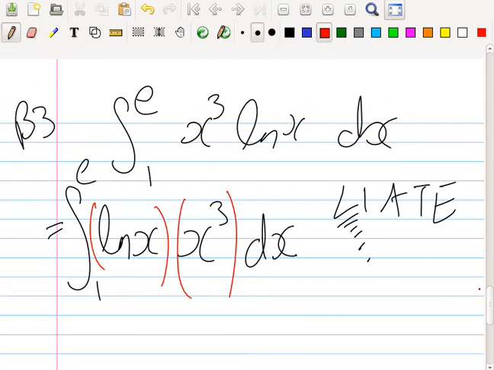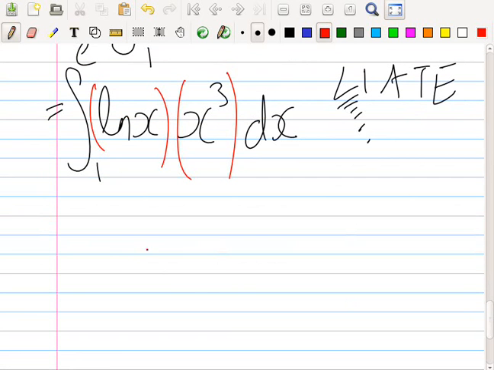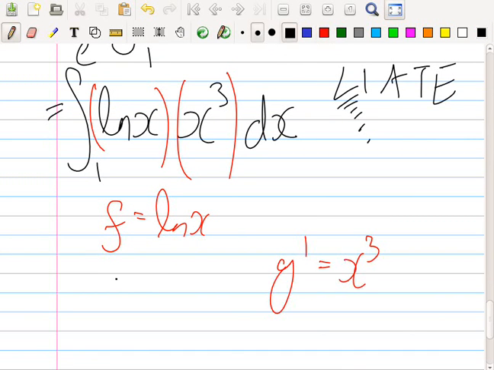Now, in the formula for integration by parts, if you remember, you start off with this is f, which is log x, and this is g derivative, which is x cubed. And then you calculate f derivative, which is 1 over x, and g, which is x to the power 4 over 4.